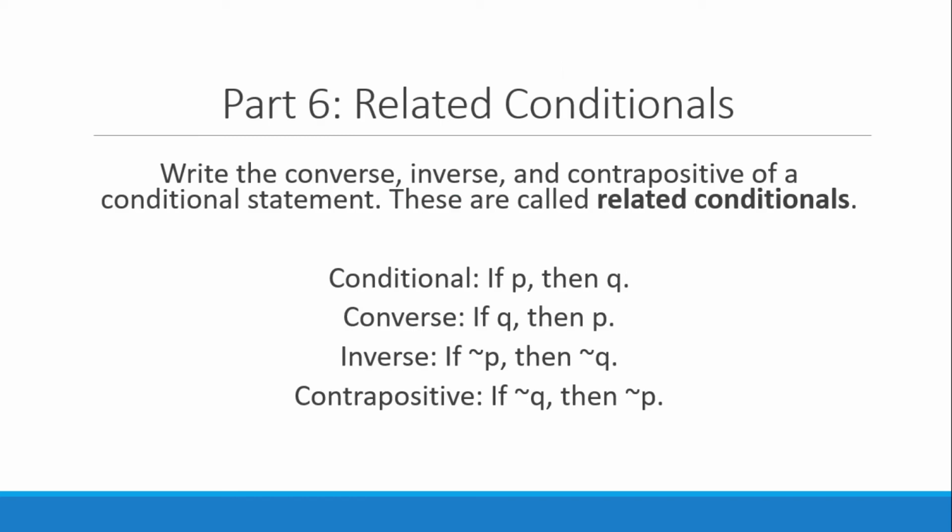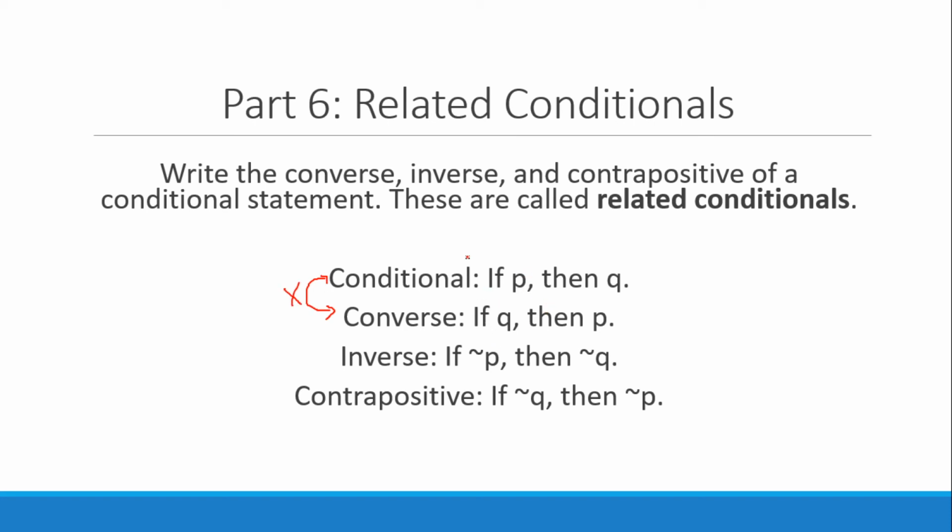Okay? Write the converse, inverse, contrapositive. So converse is if Q then P. This is what we were talking about, how conditional and converse are not the same. Remember when you were doing the problems in 2.3, they had converse and conditional, and they're not the same.